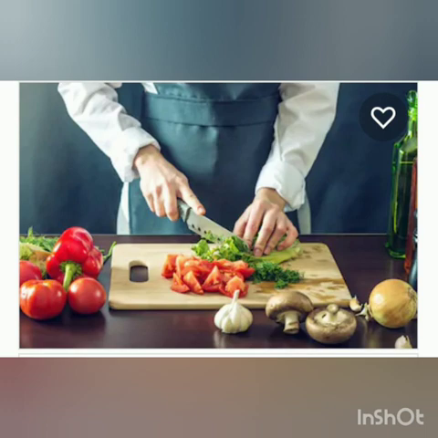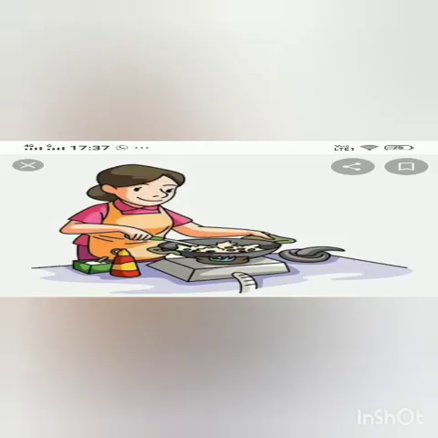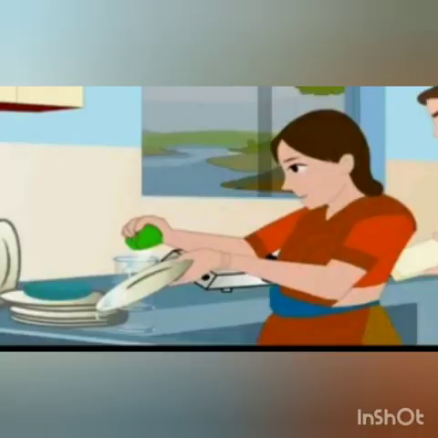Annie's grandmother helps her mother in chopping the vegetables. Then Annie's aunt, that is her mother's sister, helps her mother in cooking, washing the vessels, and some other activities also.